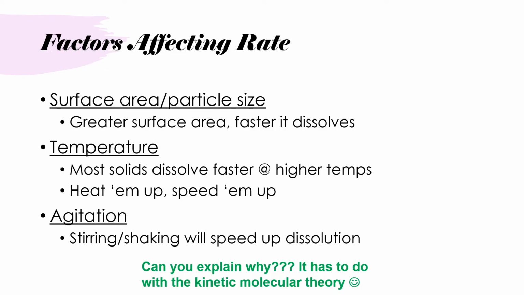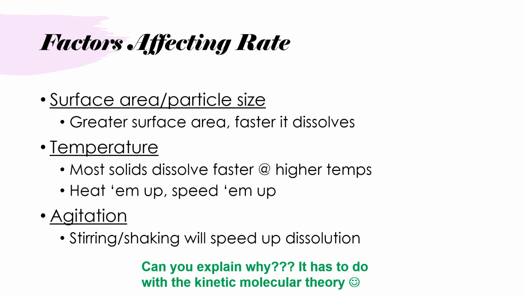Factors affecting rate. The first factor is the amount of surface area or particle size. The greater the surface area, the faster it dissolves. What does this mean? Greater surface area means more of the substance is exposed to water. Let's take an example to illustrate this concept.